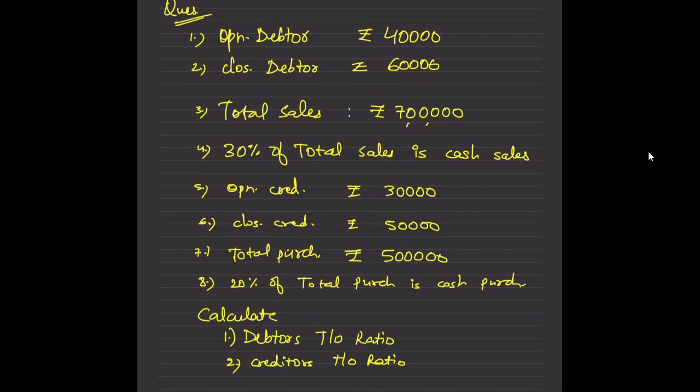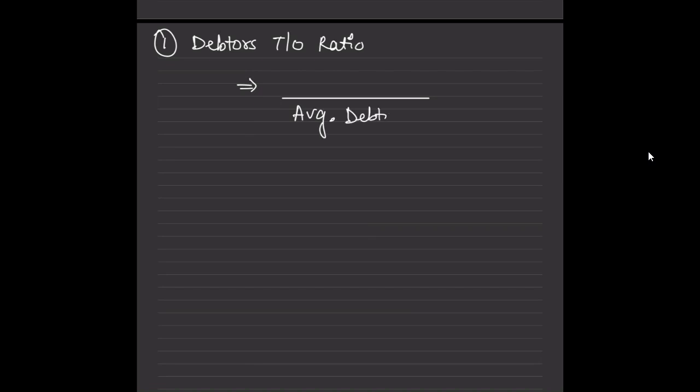Okay, what they have given us and what we have to find. Let's focus on that. First, we have to find the debtors turnover ratio. The formula for the debtors turnover ratio: take the average debtors in the denominator. And what determines the turnover of debtors?